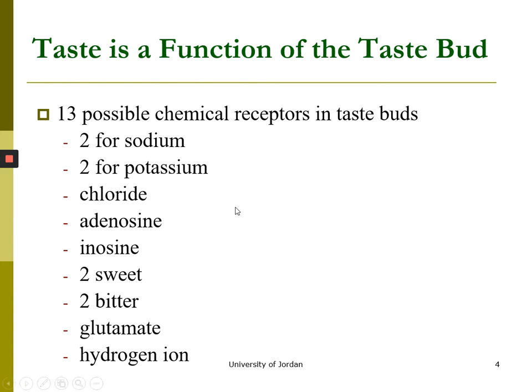There are 13 possible chemical receptors in the taste buds: 2 for sodium, 2 for potassium, and 1 for chloride. These are for salt. Adenosine and inosine are for umami. Sweet, bitter, glutamate, and hydrogen: glutamate is for umami, also amino acids, and hydrogen is for sour.